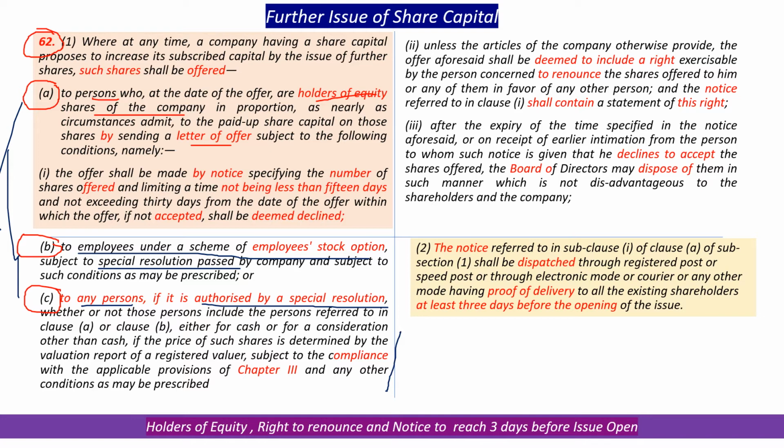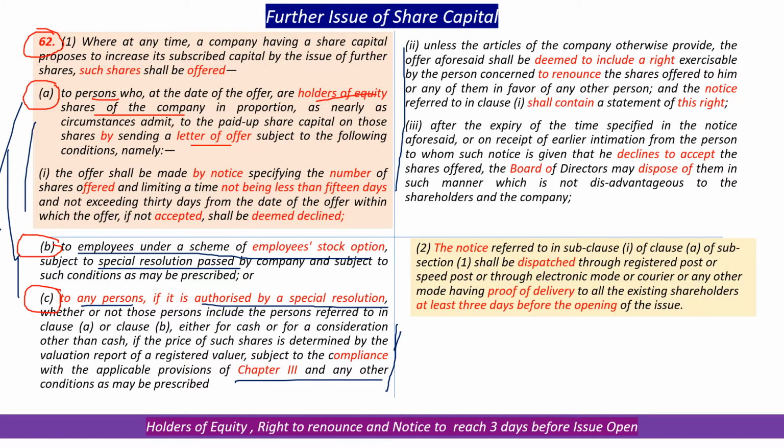The other two we will be seeing employee stock option separately, and anything which is issued to outsiders by way of a special resolution after sticking to the requirements of issue of prospectus under chapter 3, it is also respected. But the first part of it, which is to people who are holders of equity as on date, the Act prescribes a procedure for that.